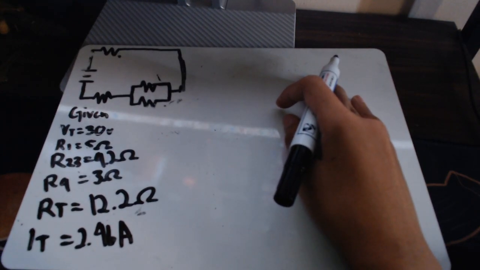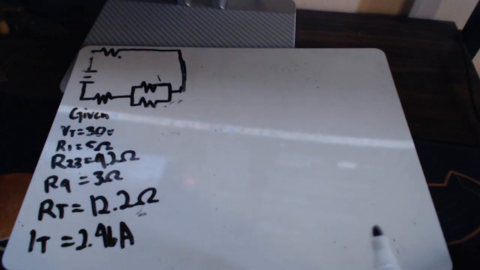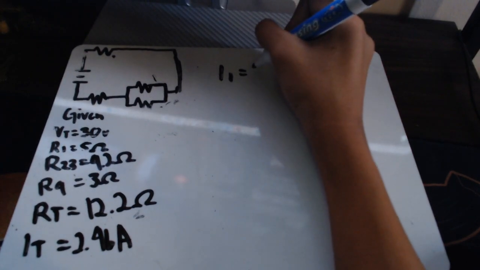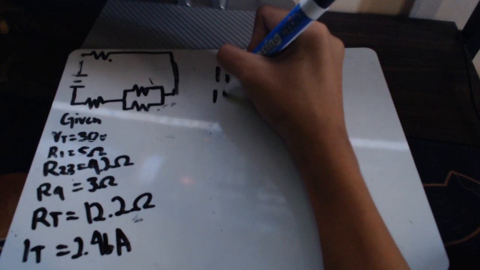Now we're going to work backward through the original circuit. R1 and R4 are in series with the parallel section. Remember, current is the same throughout the components in a series circuit.